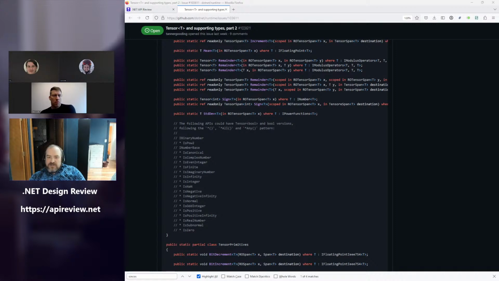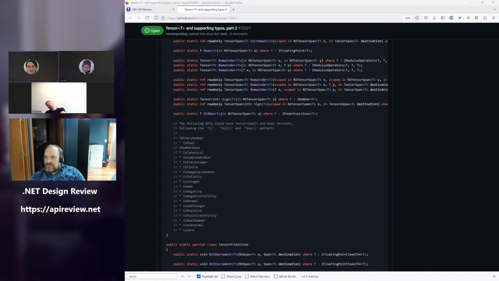What would isPow2 represent here? Is it that everything is a power of 2? Is it all? Sorry, the ones that return a tensor of bool are element-wise. Just like greater than, they return a tensor of bool, and it's doing the isPow2 operation on every single individual element.